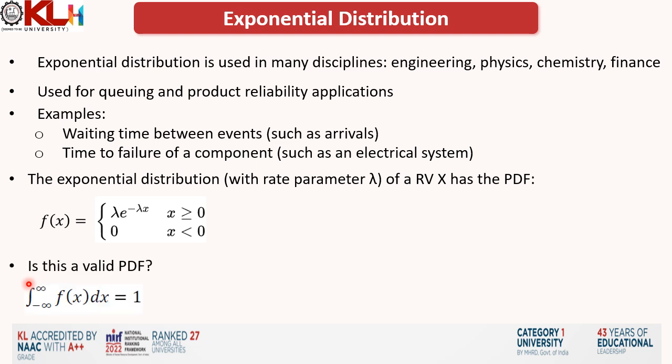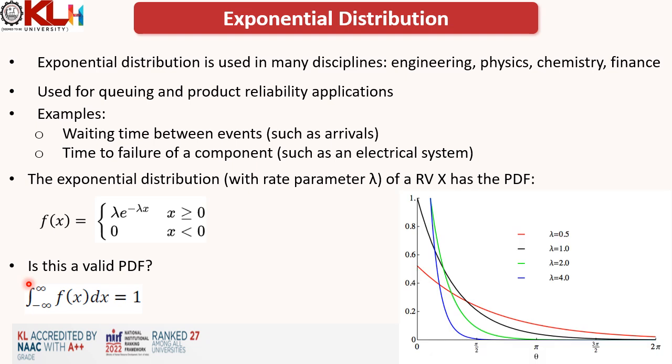We can easily test if this is a valid PDF by integrating the PDF over the interval 0 to infinity, since x is only valid for positive numbers. When you integrate e to the power minus lambda x, you get a 1 over lambda term, and that cancels the lambda to get 1.